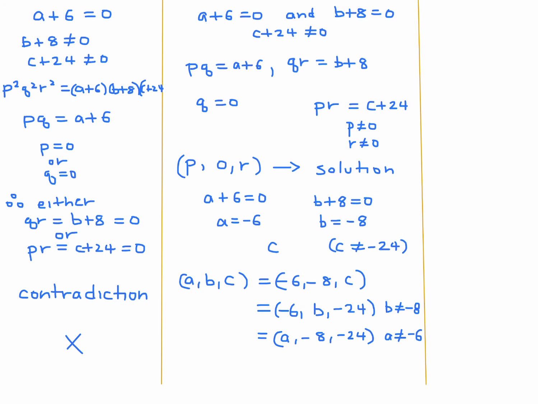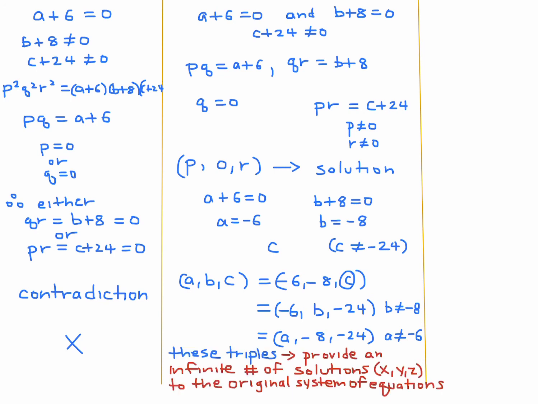So since we have an infinite number of C's, B's, and A's, each of those will give you an infinite number of solutions for X, Y, Z. So these triples right here will provide an infinite number of solutions X, Y, Z to the original system of equations.